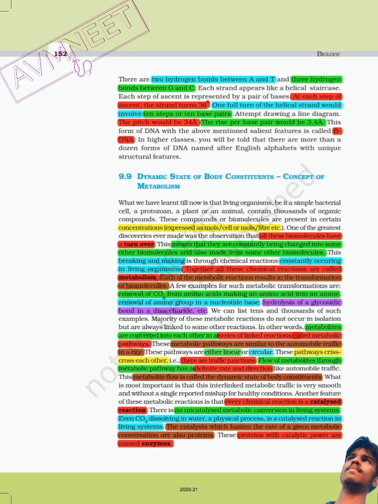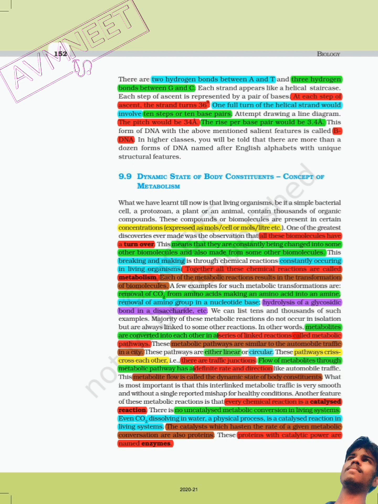One of the greatest discoveries ever made was the observation that all these biomolecules have a turnover. This means that they are constantly being changed into some other biomolecules and also made from some other biomolecules. This breaking and making is through chemical reactions constantly occurring in living organisms.